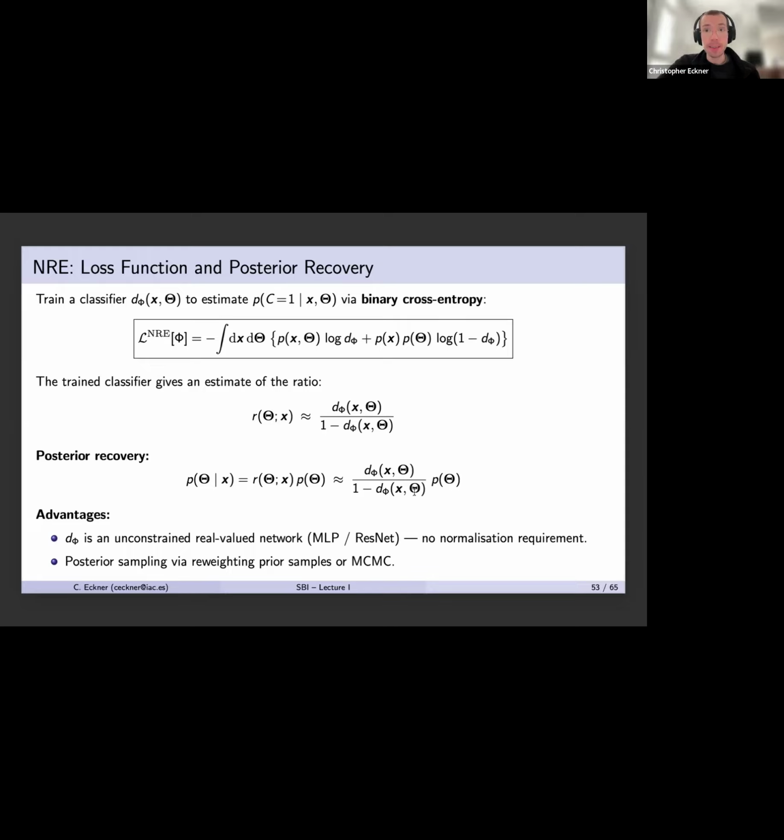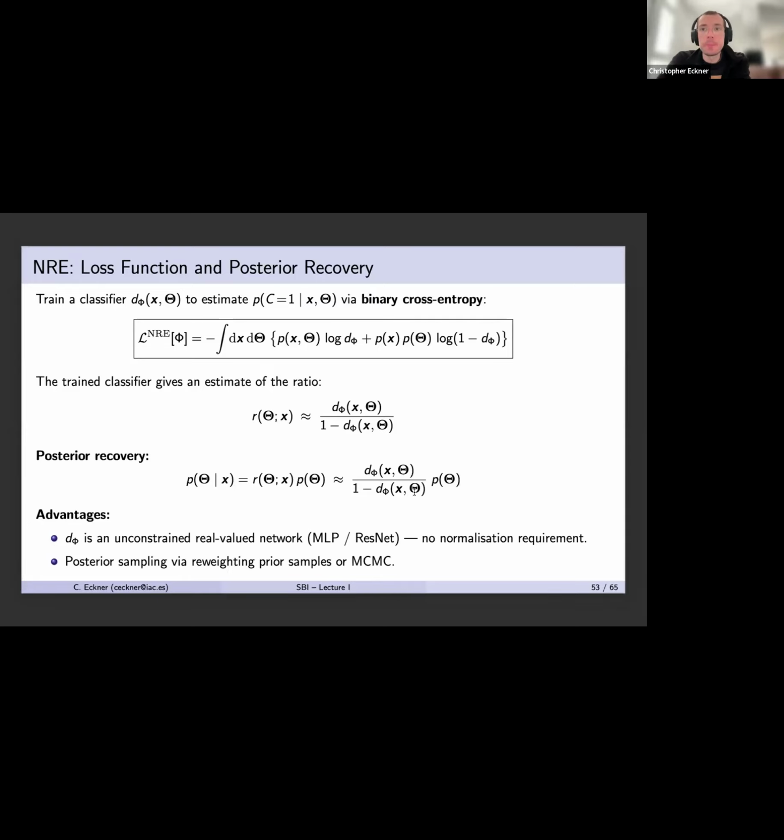In principle, since this is just a network that is supposed to classify, the network architecture can be rather simple. It is just an unconstrained network that can be a multi-layer perceptron, or as you sometimes call it, a feed-forward network, or a residual network, but there's actually no complicated structure you need for this. It can be as simple as you like, as long as there's some expressivity in the network to perform the classification task.